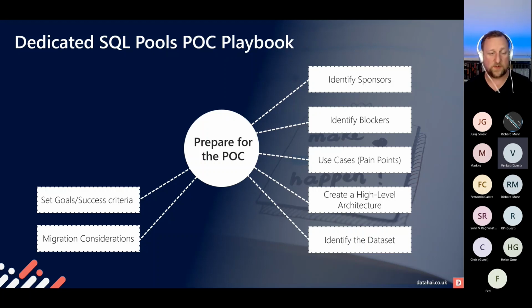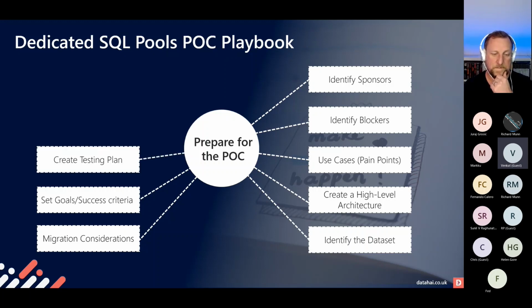These are our goals. These are our success criteria. Now we can create a testing plan and link that through to our success criteria. So if we've got a goal, we need a test for it. We might have several tests as well, but that testing plan goes hand in hand with that goal. Pass the test, meet the goal.